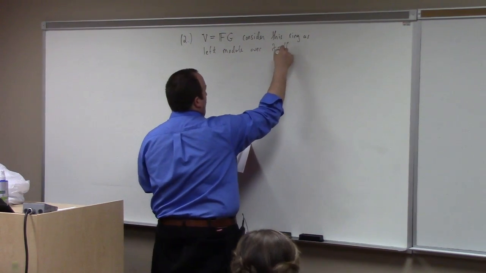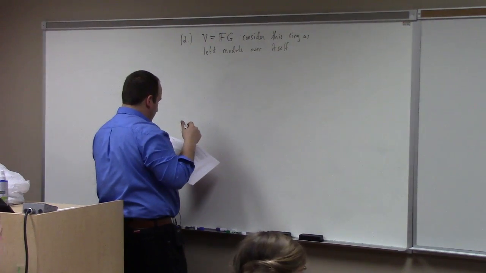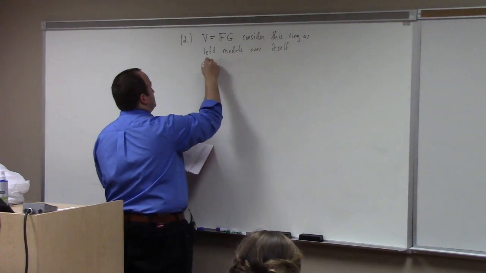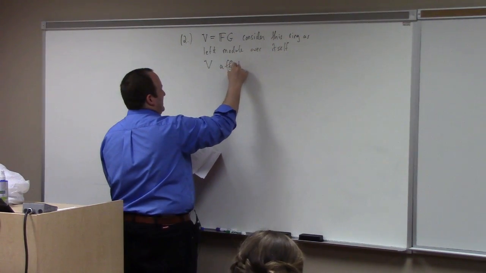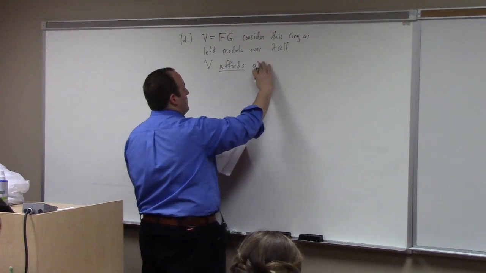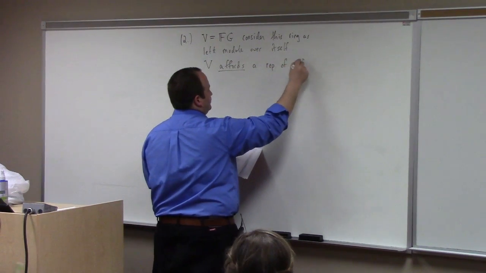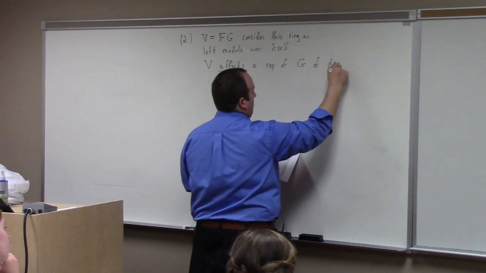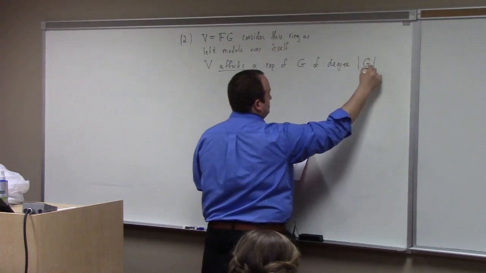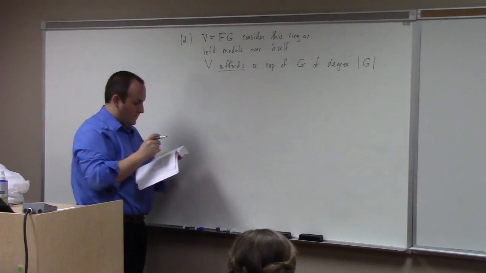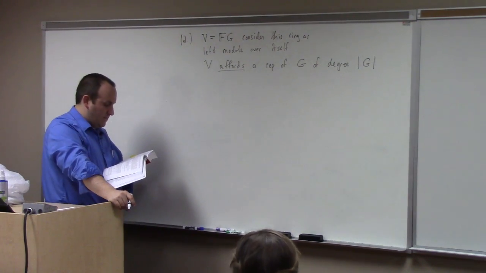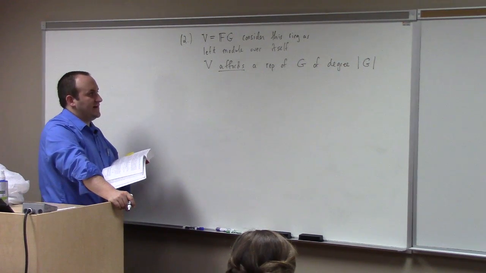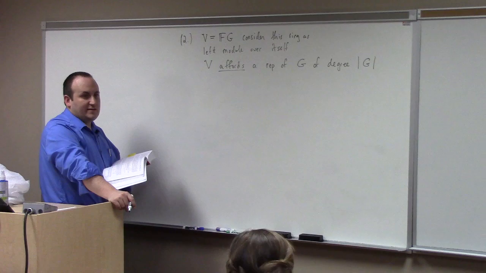He says, V affords a representation of G. What does that mean, V affords? It has a representation of that degree. That was the language he introduced on the last page.